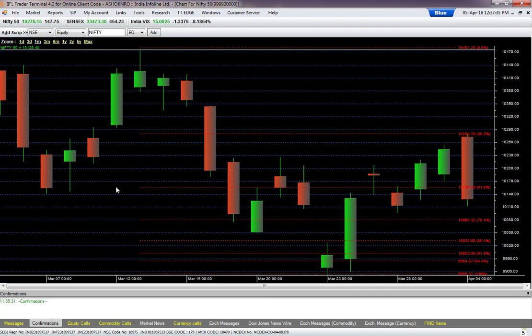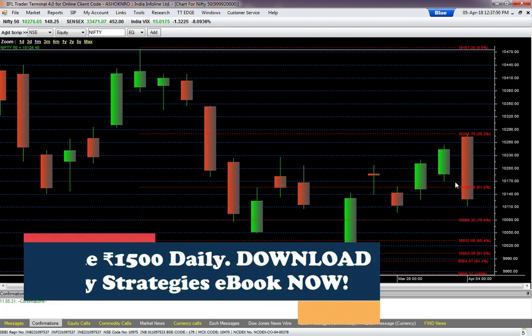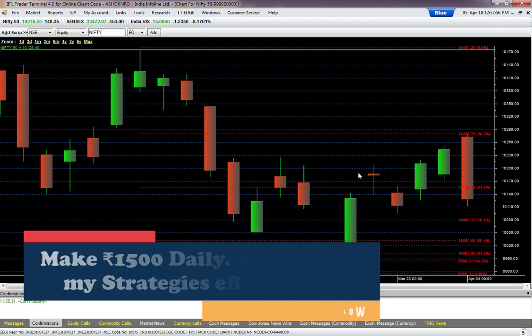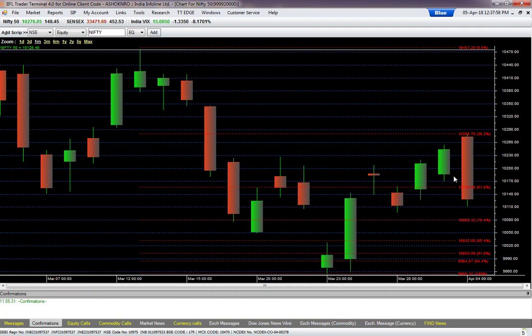Okay, so how do we read the Fibonacci retracements? I have already mentioned that 61.8 is the golden ratio. Okay, 61.8 is supposed to be a great resistance or a great support. Once a support can become a resistance, and once a resistance can become a support.